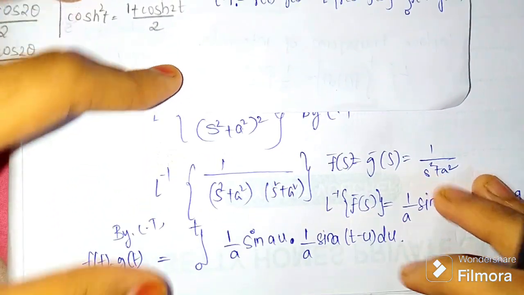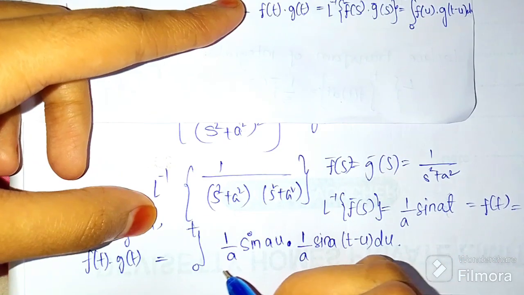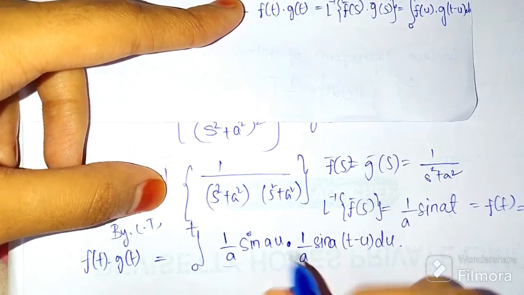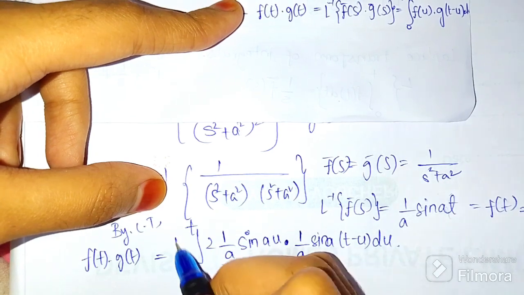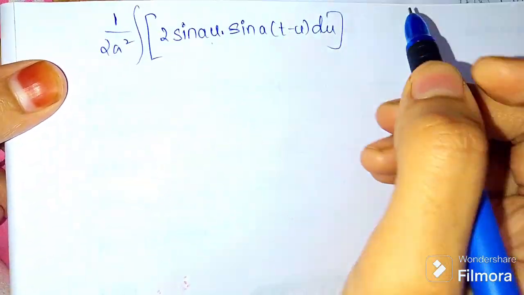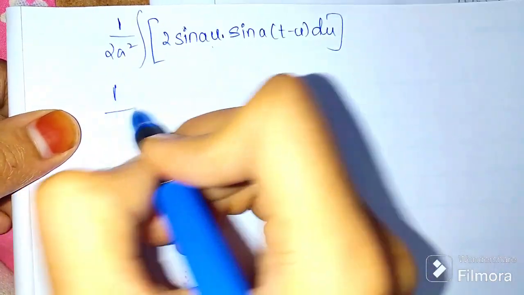Okay. Next, I'll take a square common, and we'll multiply with 2 and divide with 2. So see, 2 sin A sin B. What is the formula?